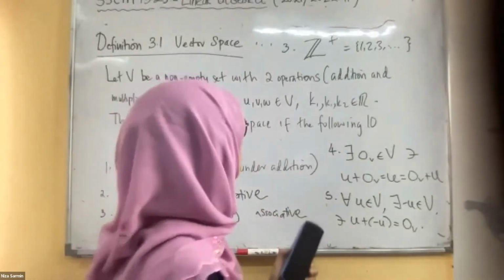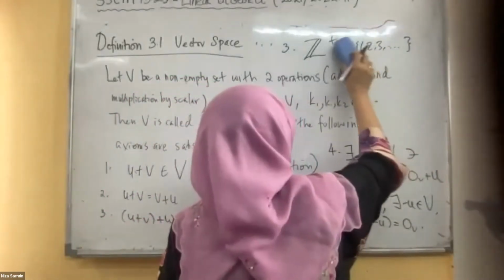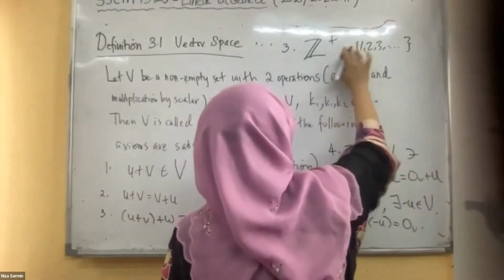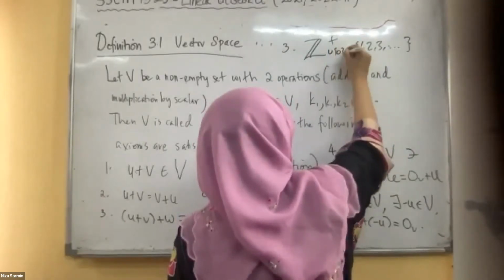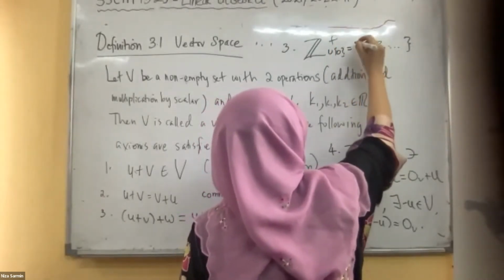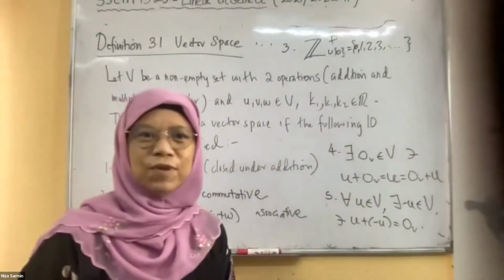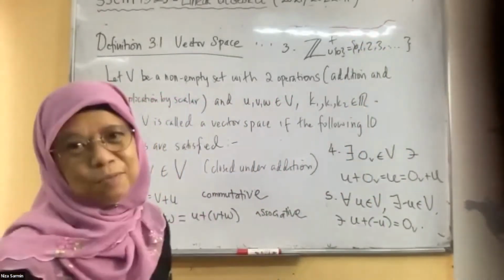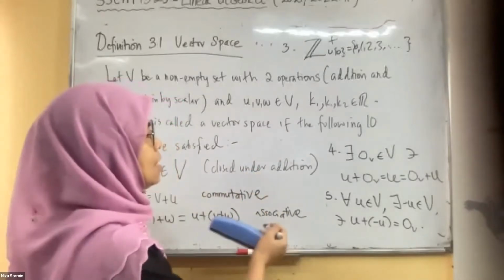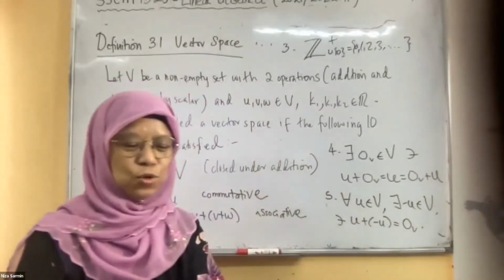Okay, let me add 0. I call this union 0. So I add 0. Okay. Now, is it a vector space? I cannot ask that because it's not 10 yet, but does it satisfy all 5? Yes or no?